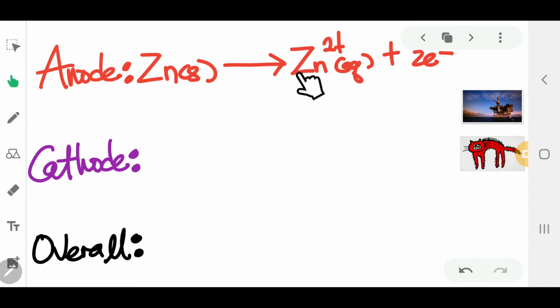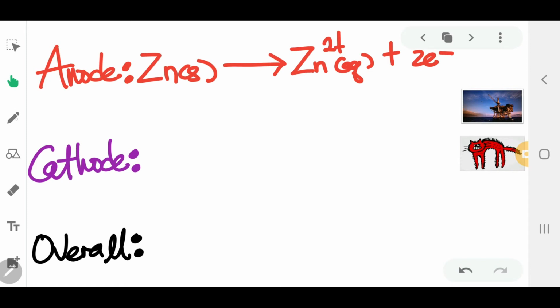Remember, the anode is losing electrons because, by OIL RIG, oxidation is losing electrons, and oxidation will happen at the anode. Why? Because based on the mnemonic RED CAT, reduction is at the cathode.